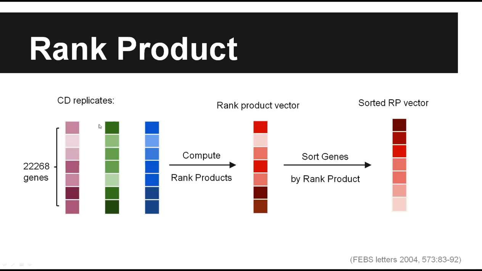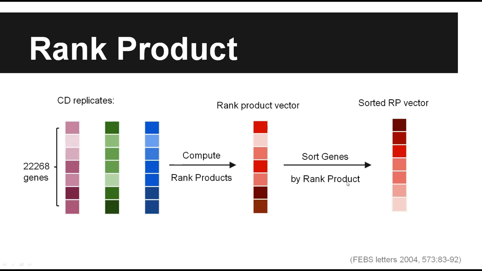The rank product is simply a product of all the 3 ranks for this gene in the 3 replicates. Then you compute the rank product of each gene, and you get a rank product vector. So in this vector, the component will be the rank product of that gene, and the smaller the rank product, the more likely the gene is differentially expressed.